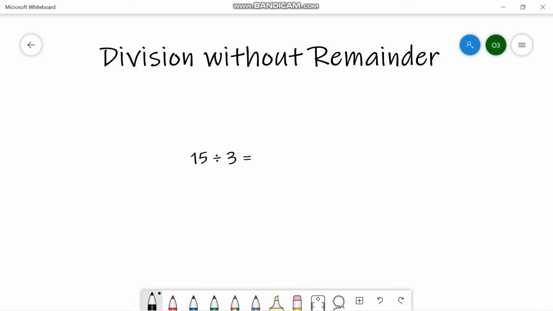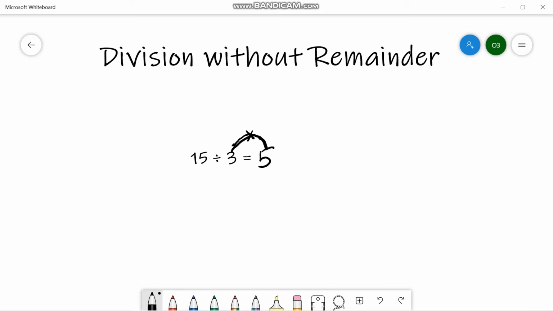If you know the 3 times table, you know that 3 times 5 is 15. So the answer will be 5 because 3 times 5 is equal to 15.